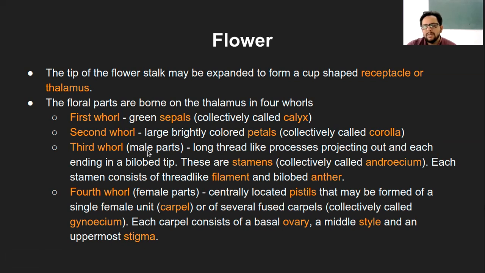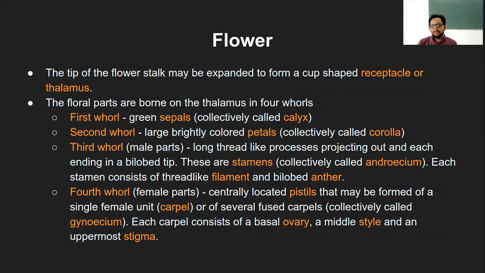So the third whorl, which is the male reproductive part, has long thread-like processes. Now, I don't think you would know this word. In a biological context, processes refer to an outgrowth or a projection or hair-like structures, right?